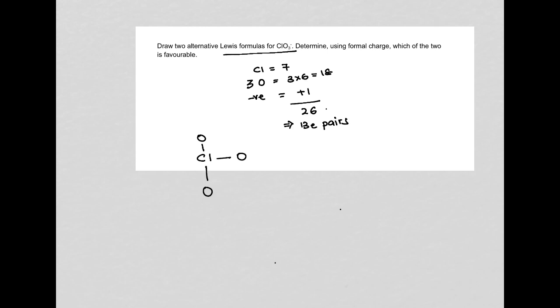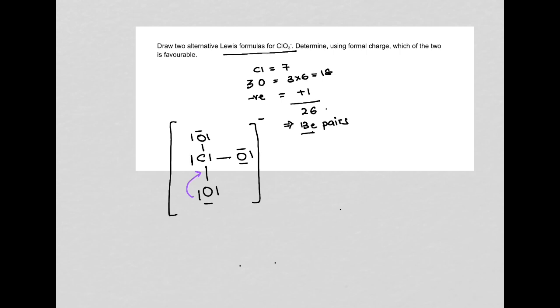And then I'm going to add the lone pair. So 13, I have 10 left. So I have the 13 electrons placed in the structure, and this is going to be negative.